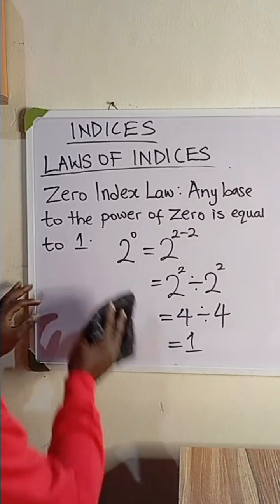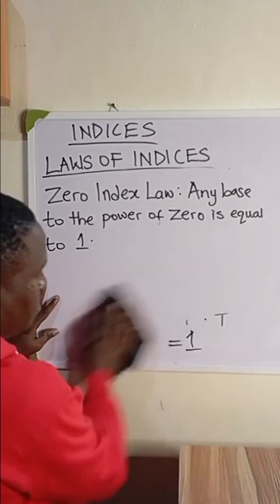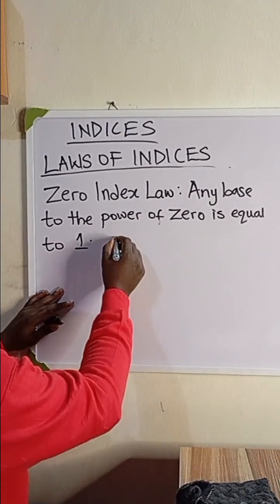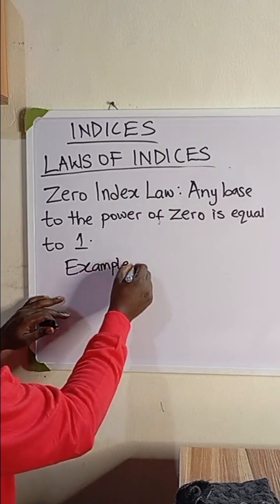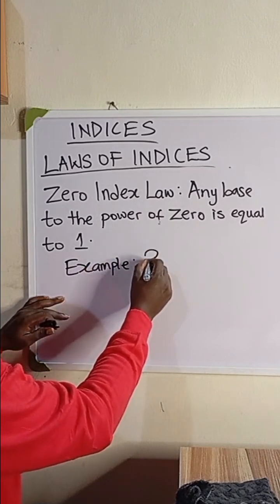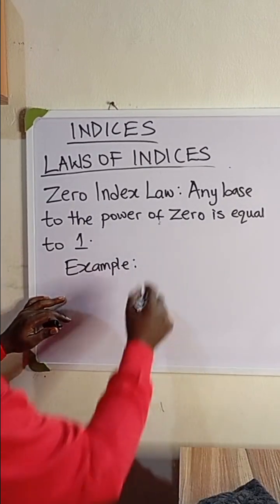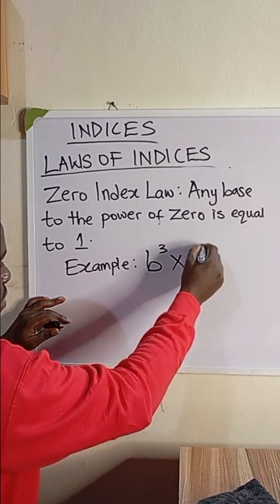Okay, so let's continue. Let's look at a simple example here. For example, 3 to the power of 4, b to the power of 3 times y to the power of 0.